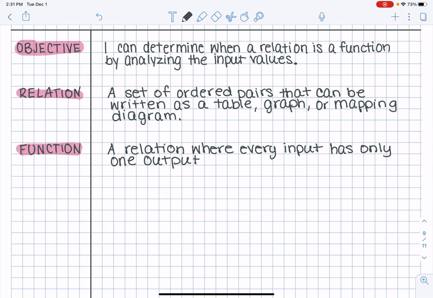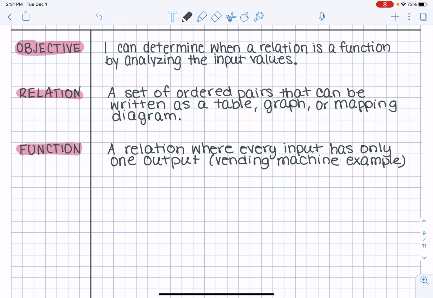Every input has only one output. And I want you to write down in parentheses vending machines, because we can think to our vending machine example when we're thinking about functions. So a function is a relation where every input has only one output. I don't care how many outputs there are, but I just need to make sure that each input only has one output. I'm always looking at my input values when I'm trying to figure out what a function is.